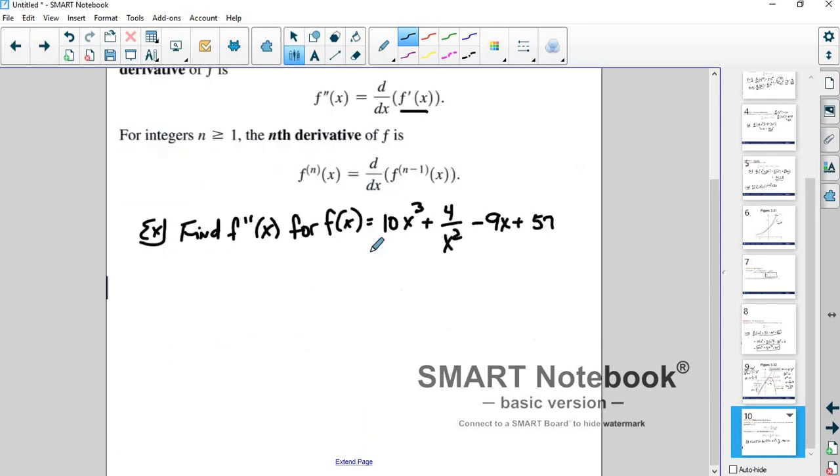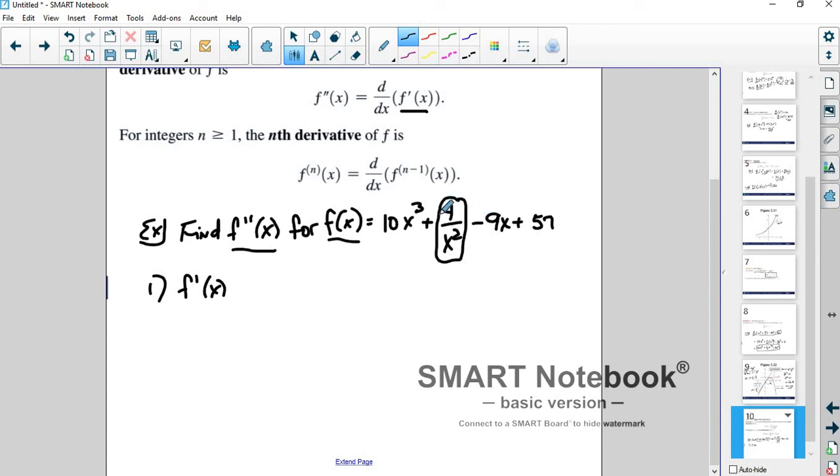There is no way for you to get smoothly from f to f double prime, the second derivative. There's no way to do it. The first thing you have to do is find f prime, and then you can take the derivative of that function. Okay? So I want you to try that, noting that this is 4 over x squared. We can't do a fraction right now.